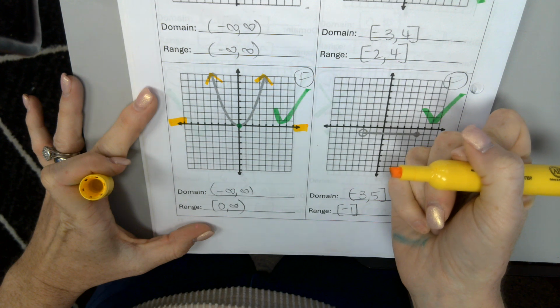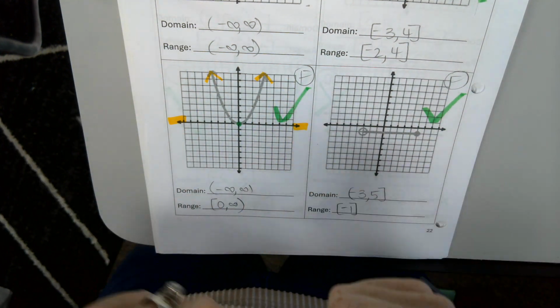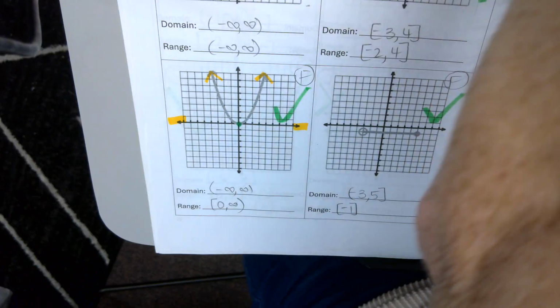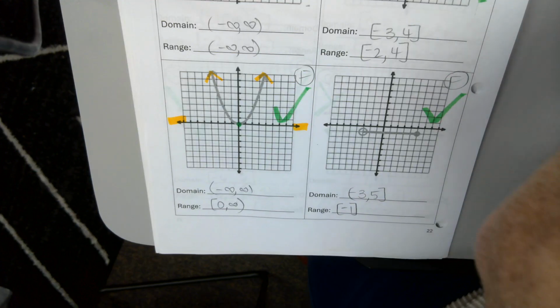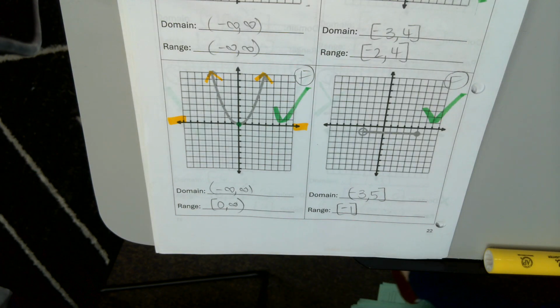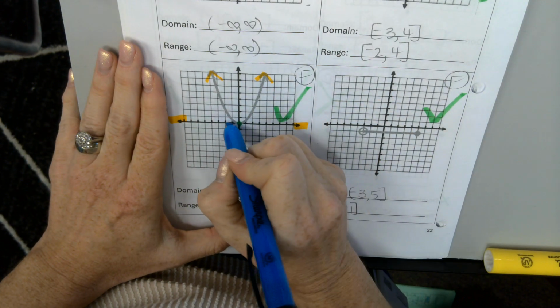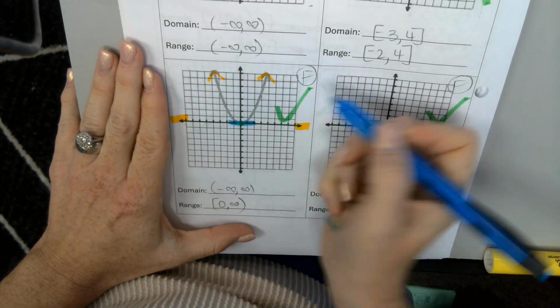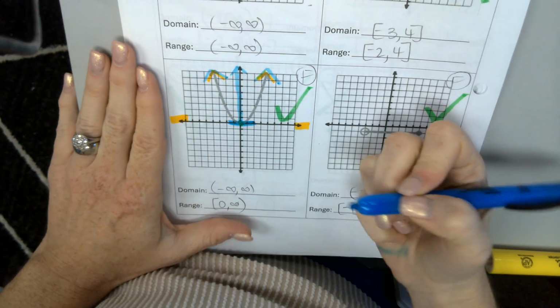For a parabola. Yeah, because these right here, these arrows indicate that it keeps going to the left and to the right. Okay, so there's no stopping that from left to right. But if I'm doing my range, let's see if I can find my blue highlighter. Trying to keep everything the same color that I had it yesterday. It's okay. I've got a blue highlighter, it's just not the same one. All right, now my range right here, this is where it starts, and because of those arrows, it keeps going up there as well.